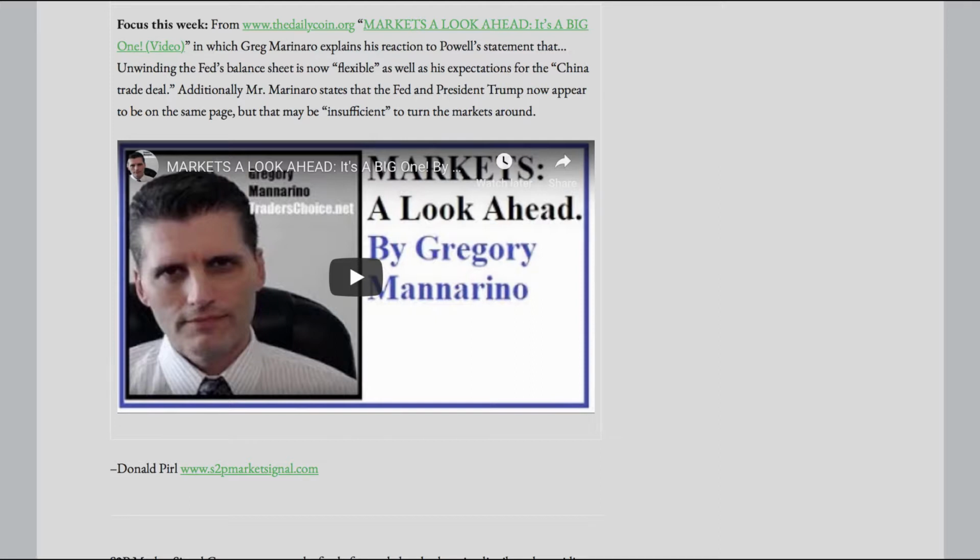Additionally, Mr. Marinaro states that the Fed and President Trump now appear to be on the same page, but that may be, quote, insufficient, end quote, to turn the markets around.